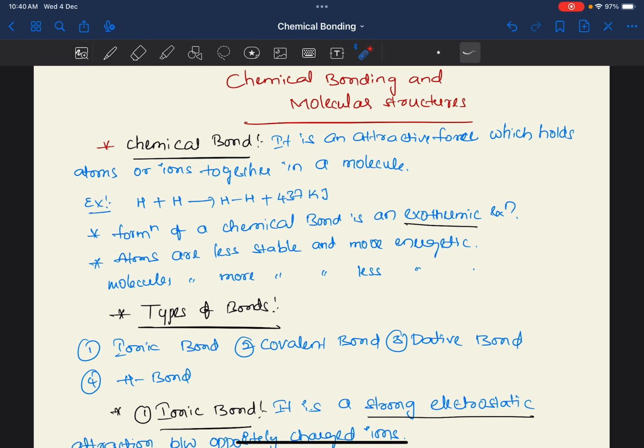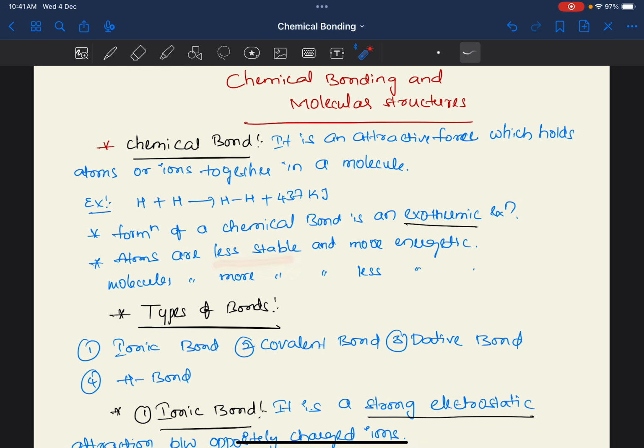So why is it an exothermic reaction? Because initially atoms are less stable and more energetic. Why are atoms less stable? Due to having non-octet configuration. Generally in the periodic table, all the atoms except the 18th group elements have non-octet configuration, so those elements are less stable.